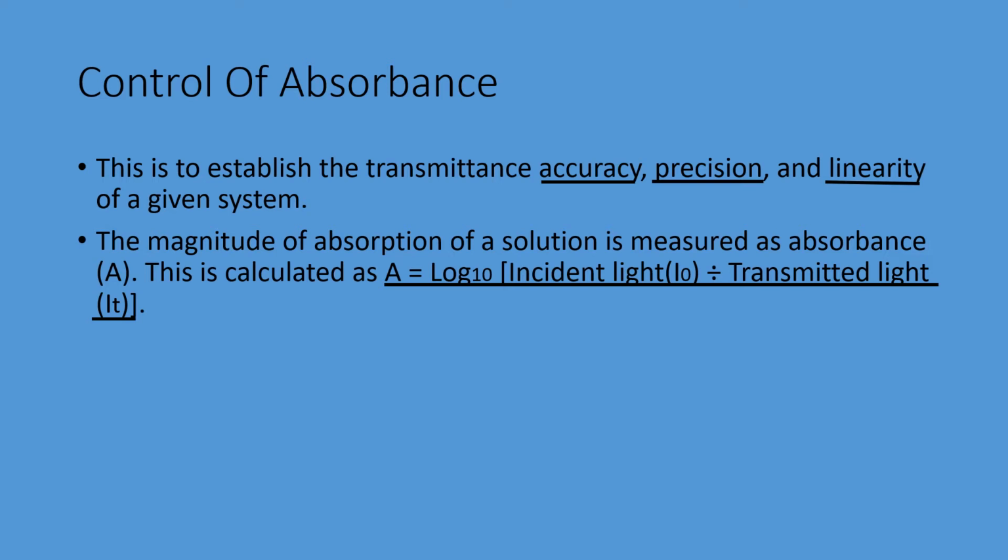Don't get confused with the words transmitted light and transmittance. Transmittance is the ratio of the incident light energy to that of the transmitted light energy through the sample cell.